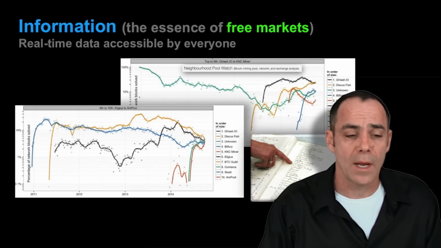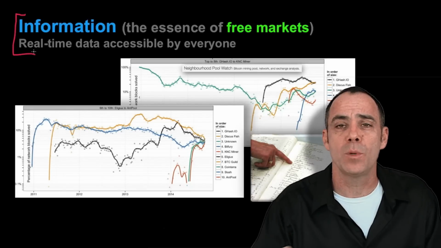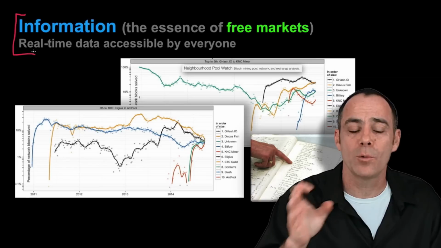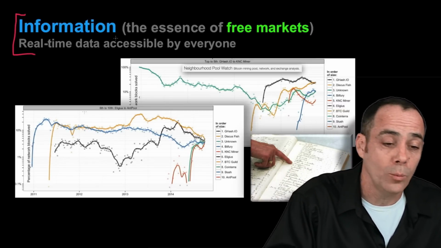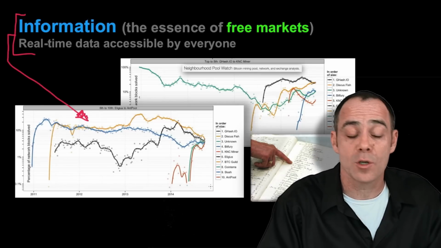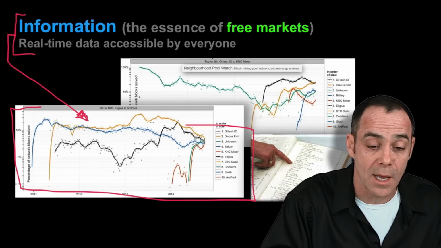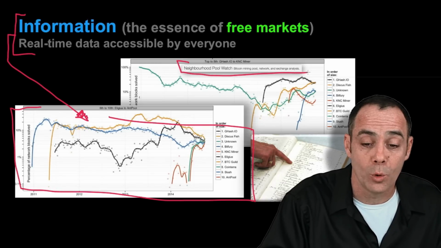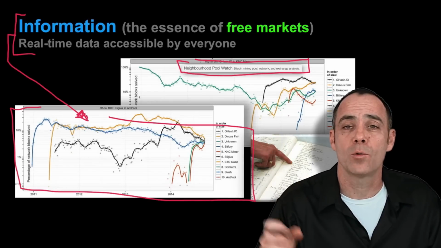I've mentioned this already, but the ability to put everything on the blockchain, every penny investment, every micro loan, every micro insurance contract, all of that stuff, because it's done on Bitcoin, will be available immediately in real time online. And these charts aren't done by some enormous company. These are charts done by a guy who runs this site called Neighborhood Pool Watch, who's doing real-time analysis of all these Bitcoin transactions.